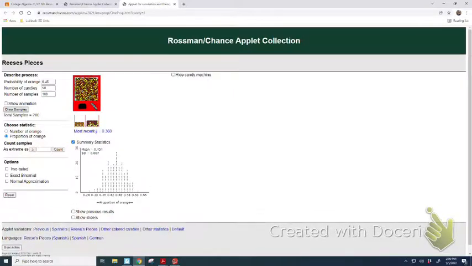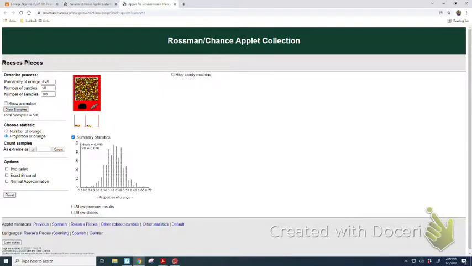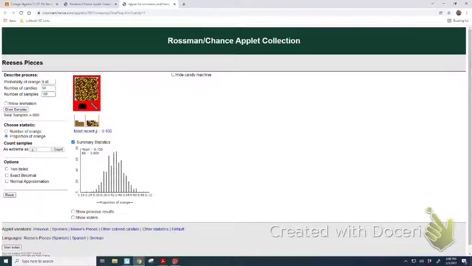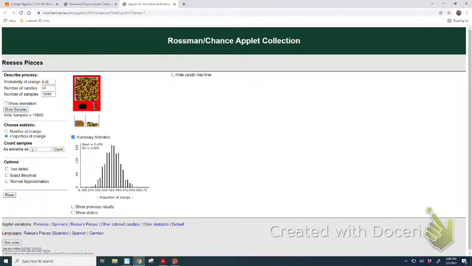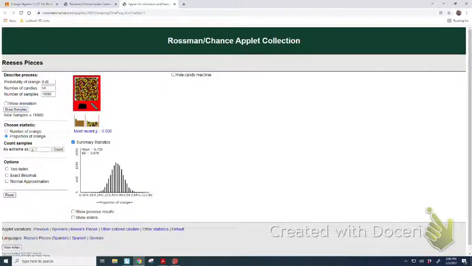If we keep drawing samples, something interesting should happen. Let's do 1,000 here. As we take more and more samples, it should approach the bell curve. Look how perfect that one is. Very interesting that we had a kind of off-center distribution, and now it's perfectly bell-shaped.